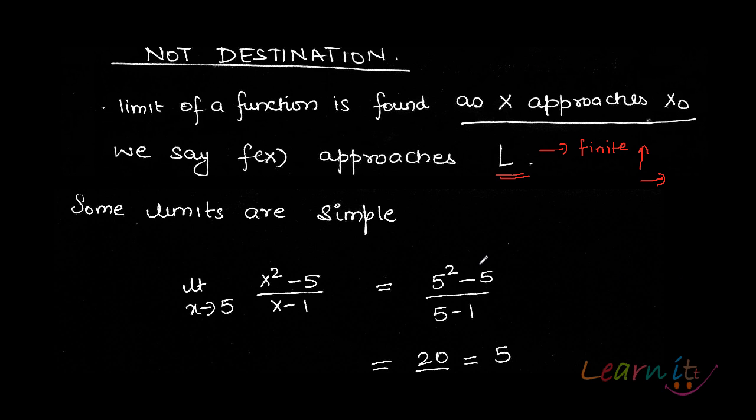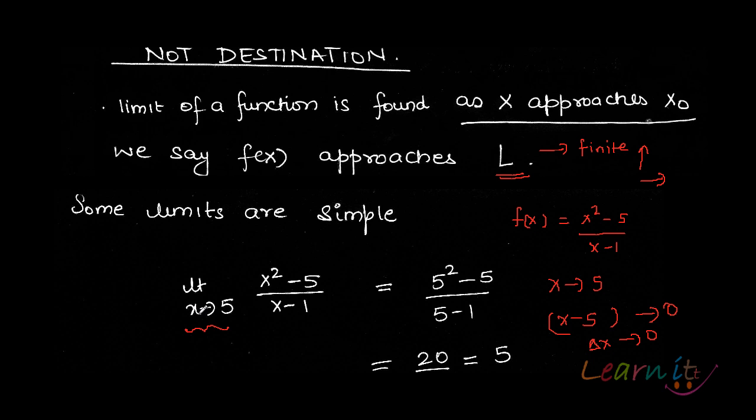Take a very simple limit, like the function f(x) equals x square minus 5 upon x minus 1. We want to know what happens to the function as x approaches 5, or I can say x minus 5, which is my delta x, approaches 0.